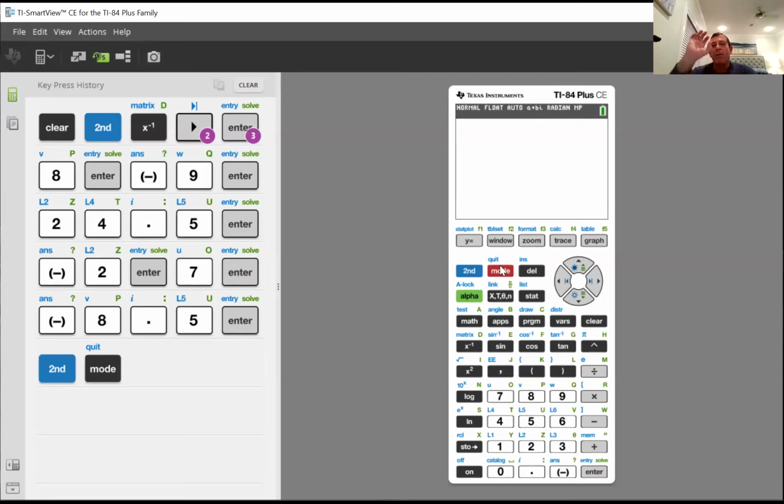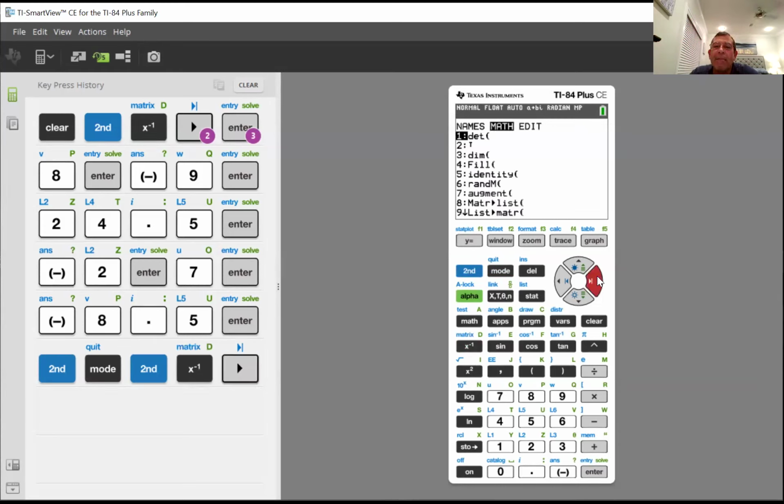Now, our matrix is in this calculator. Now we want to make this calculator solve it for us to give us the answers. So for the second time, we're going to hit second, x -1 to get to the matrix stuff. But this time, instead of edit, we're going to go to math.